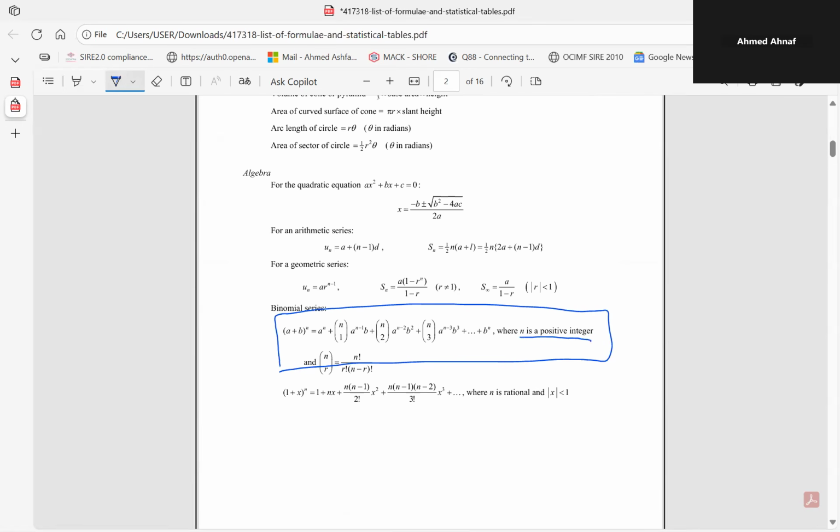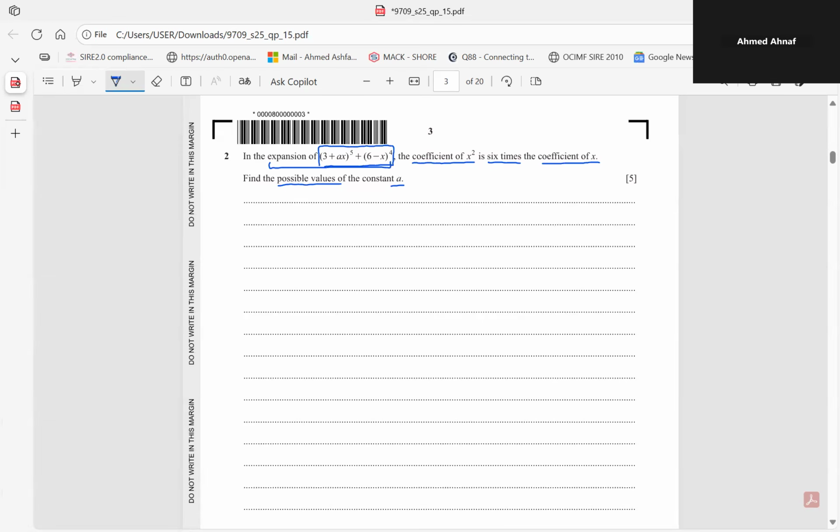We're going to have to use this to evaluate each of these. So let's evaluate them separately. Let's first evaluate (3 plus ax) to the power 5. We're just interested in the terms in x and x squared, so we'll evaluate only up to those.